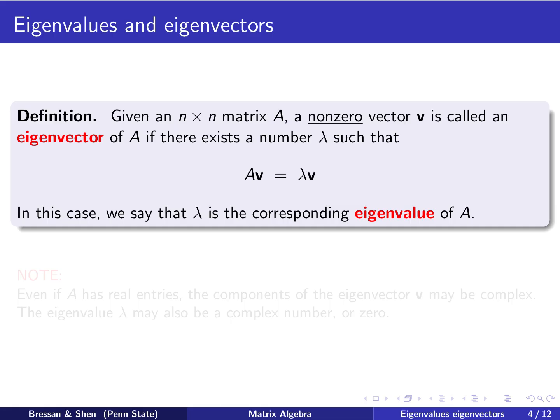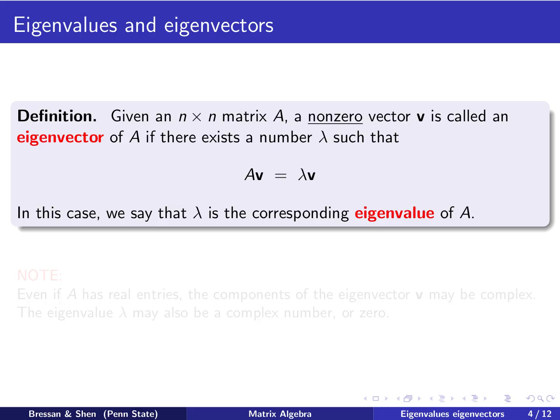Now we are ready to give a definition. Given an n by n matrix A, note that it has to be a square matrix, a non-zero vector v is called an eigenvector of A if there exists a scalar number lambda such that A times v equals lambda times v.